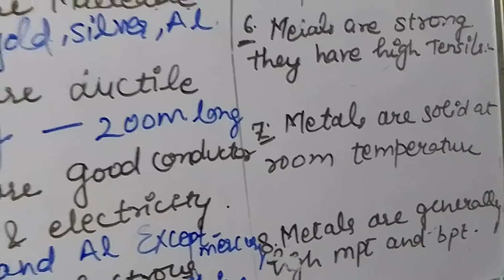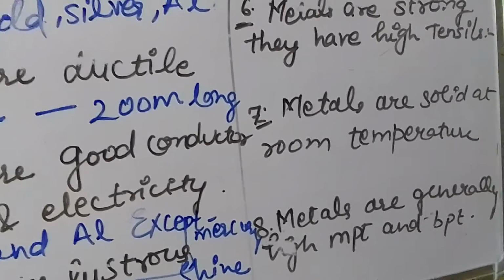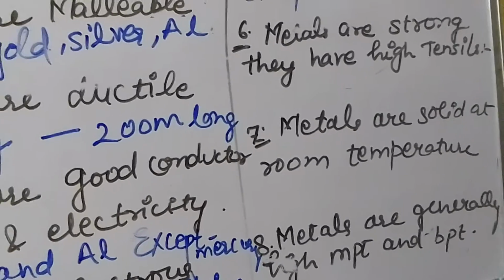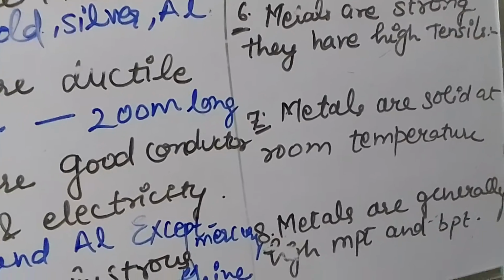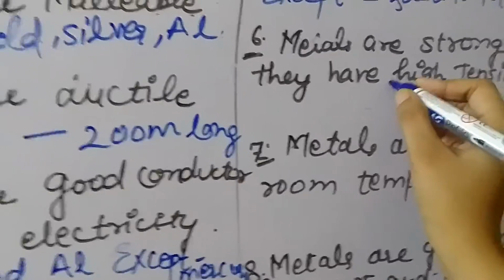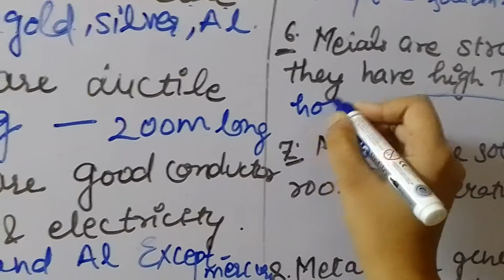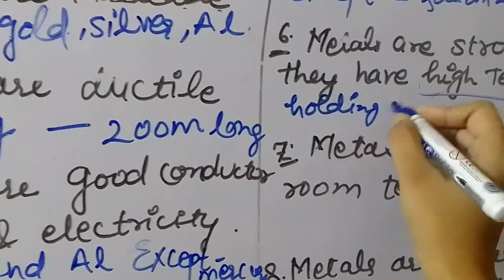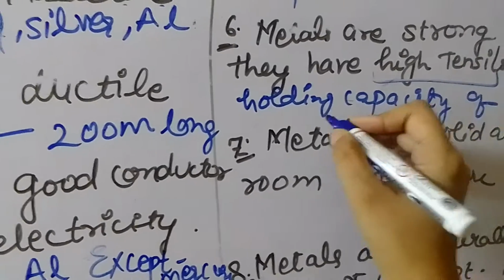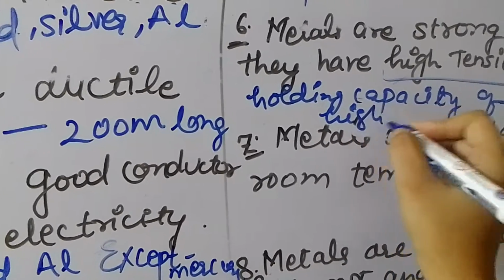For example, iron metal is very strong, having a high tensile strength. Due to this, iron is used in the construction of bridges and buildings. That means it has a holding capacity of high weight.